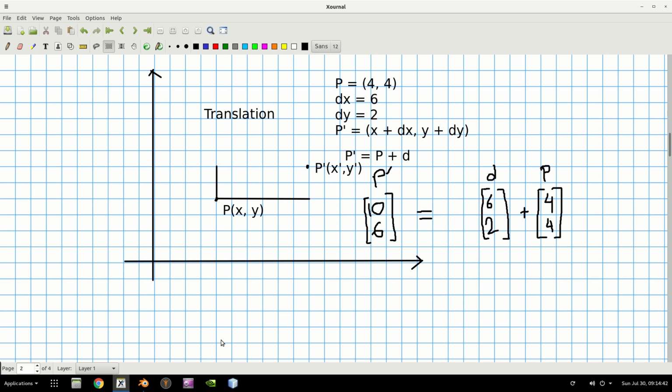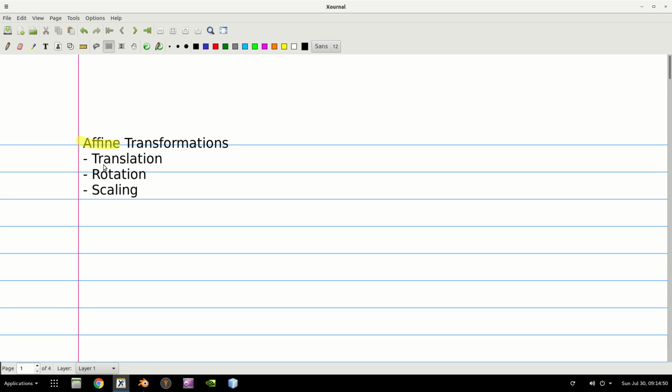So far we have only covered translation and scaling, but in the first slide you see that there is one more operation left, which is called rotation. So we need to figure out how we can do the rotation and write down the mathematical formulation for that. Okay.